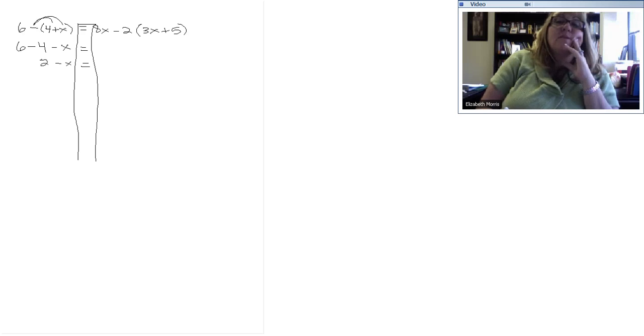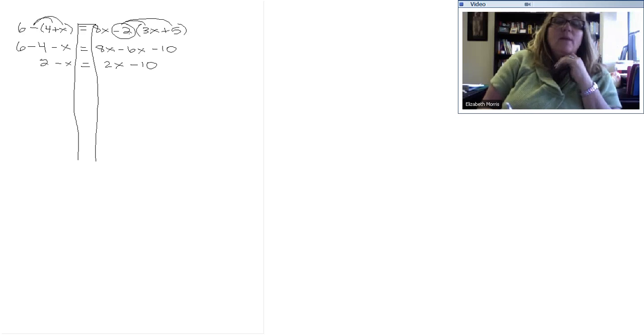Here, these parentheses exist because the negative 2 needs to be distributed. So the 8x stays. Negative 2 times 3x is negative 6x, and negative 2 times 5 is negative 10. These are like terms. 8x minus 6x is 2x, so we can combine those.